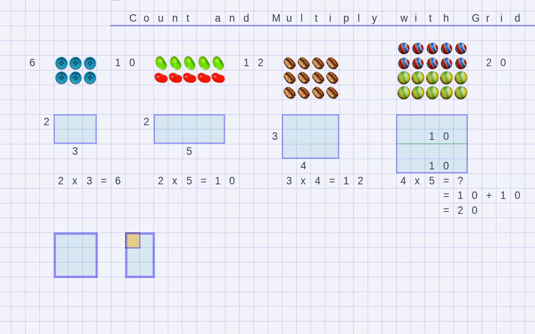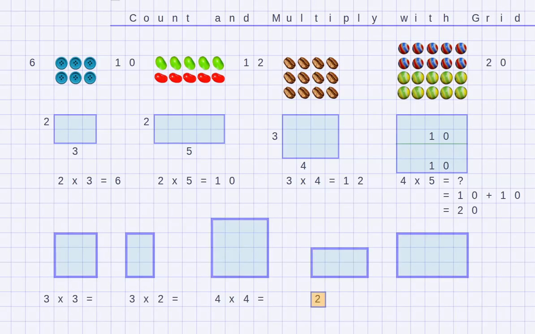Okay, so here's a couple of questions you'd get them to do just to review, and of course you can make the bigger boxes out of the smaller boxes. Right, so here we have a 3 by 2, but we've already done 2 by 3. So 2 times 3 is the same number as 3 times 2.